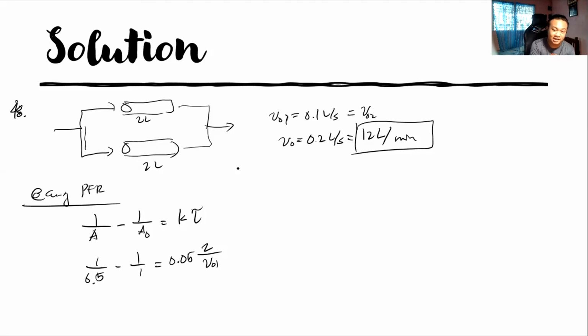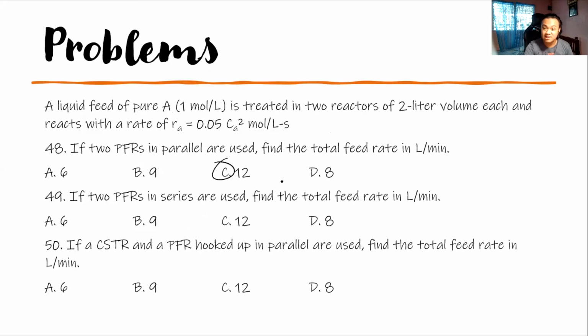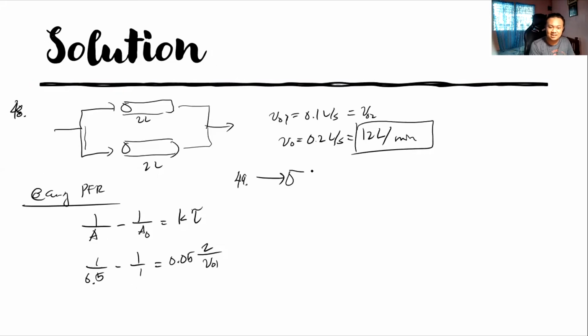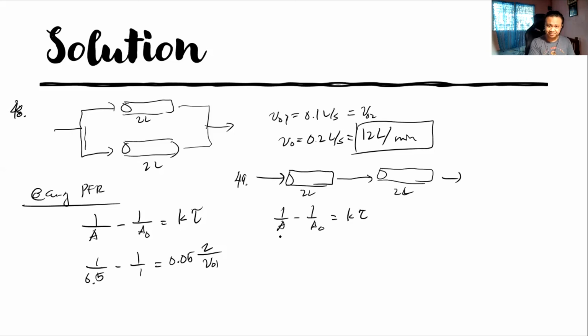Okay, so number 49 is just one down: PFRs in series, which is actually the same analysis, the same again since it's second order. So the total volume here is 4 liters, right? 2 plus 2, since it's in series, so we add the volume.